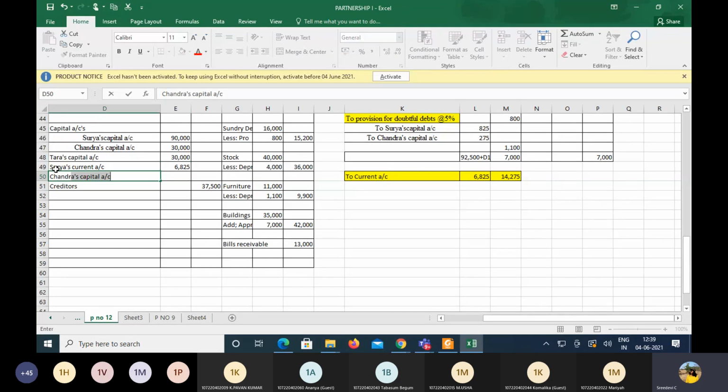Chandra's current account. So this is 1 lakh 20 plus 30, 50, right? So 1,50,000 in the outer column for the capitals. The other will be 121,100, right?